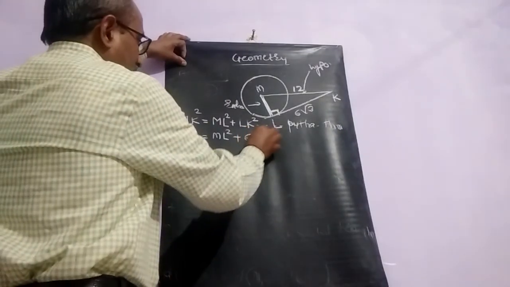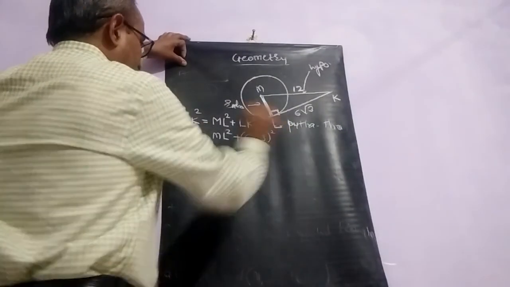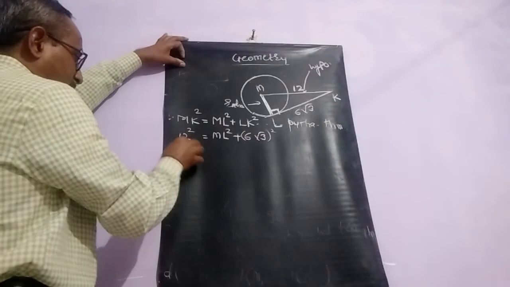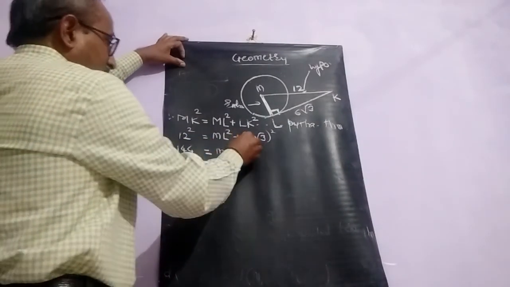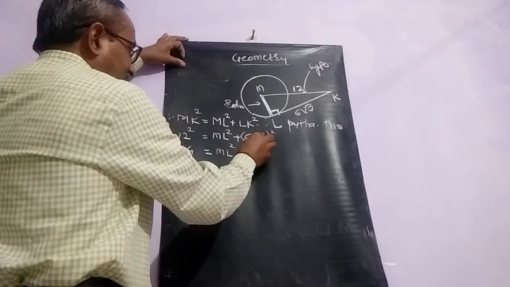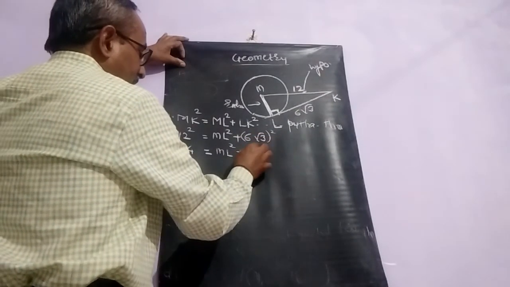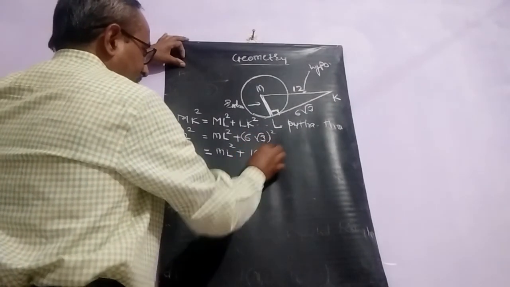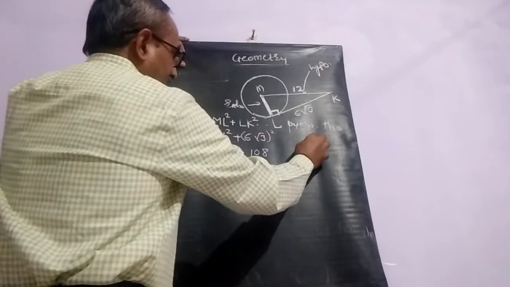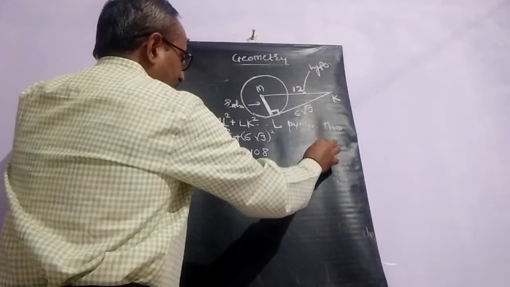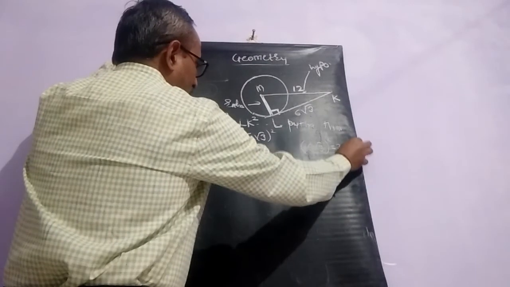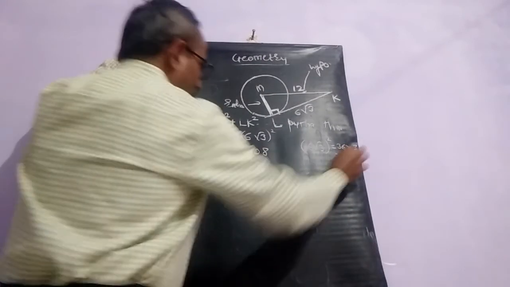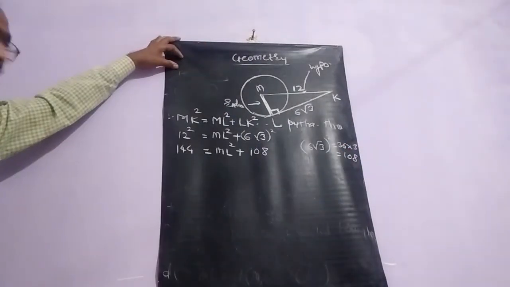6 root 3 bracket square. So square of 12 is 144, equal to ML square plus square of 6, which is 36, multiplied by 3, which is 108. Here I can write 6 root 3 bracket square is equal to 36 into 3, which is equal to 108.